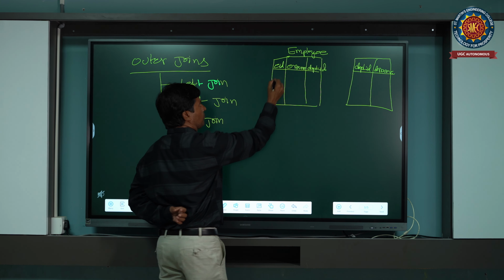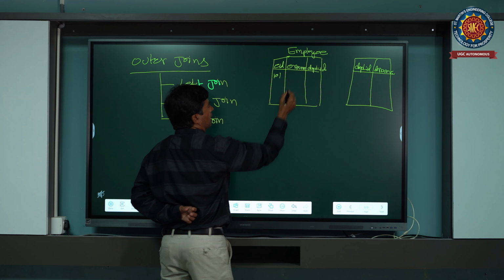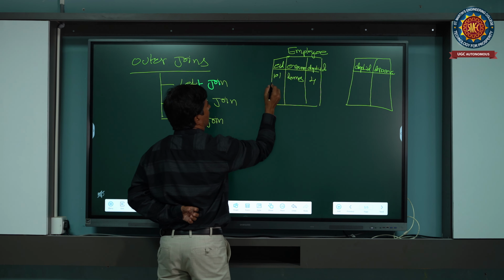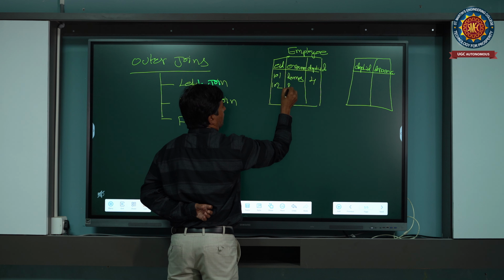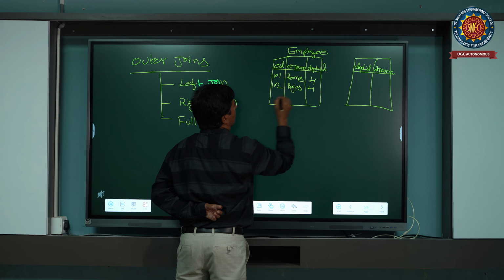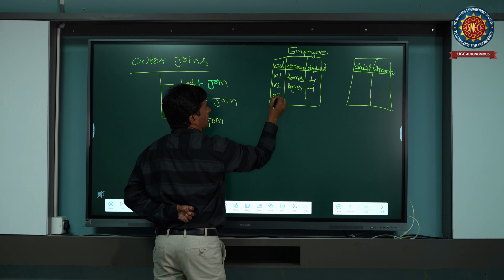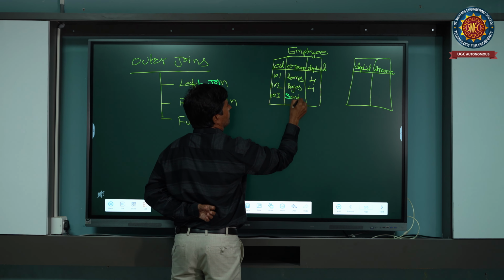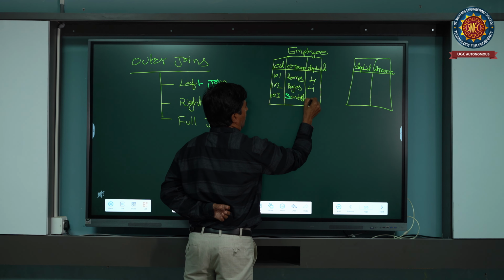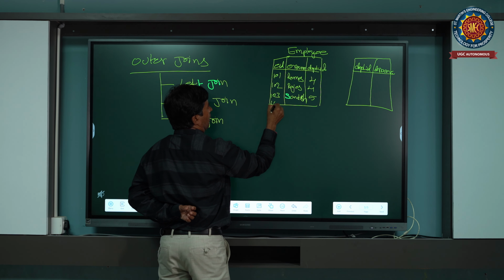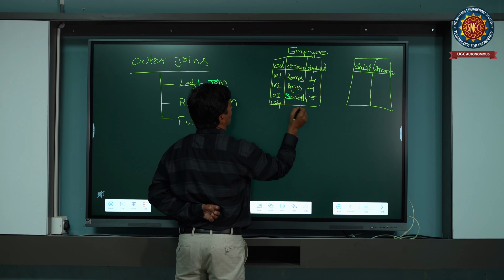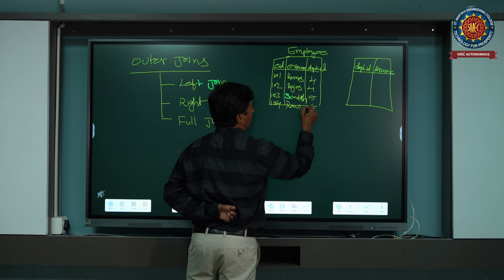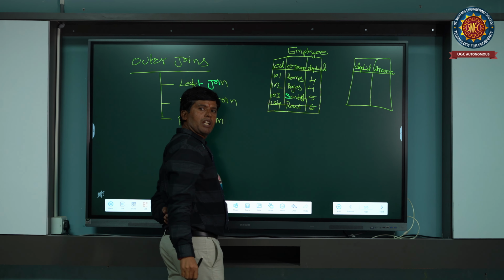Here I assume in the employee table, employee ID is 101, employee name is Ramesh, department is 4, then 102, Rajesh, 4, then 103, Santosh, 5, then 104, Ravi is in department 6. These are the records available in the employee table.